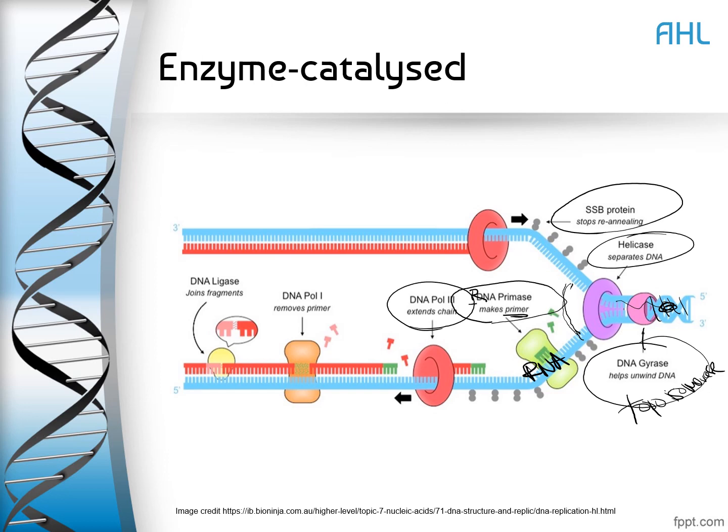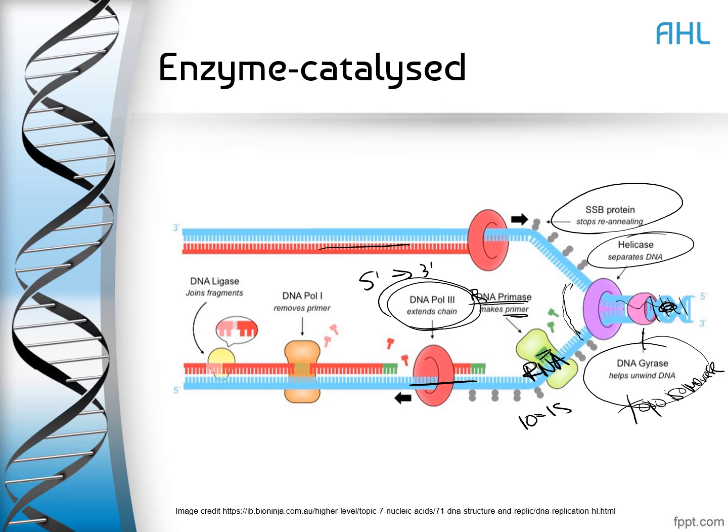And so we add RNA or DNA primase to make a little chunk of RNA, maybe just like 10 to 15 nucleotides of RNA, which is a little bit less high maintenance, a little bit easier to get started. And then DNA polymerase 3 here can come in and start to bind together those nucleotides that are complementary to our template strand, always in a 5' to 3' direction.